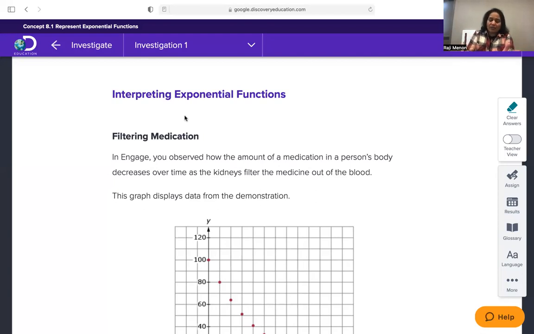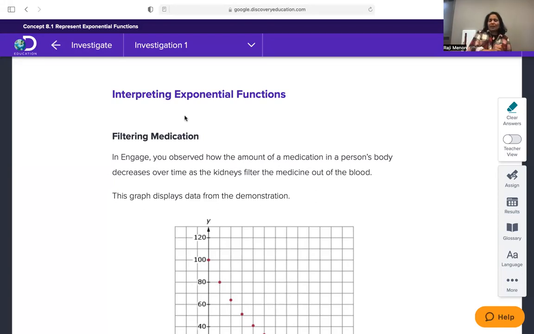Why this 4 hours or 6 hours? Our kidney system will filter the medicine out of your body, because otherwise we'll be overdosed. That is the whole background information. If you're taking a medication, the kidney is going to filter the medication out of your system. Think like that. We are putting math into it.